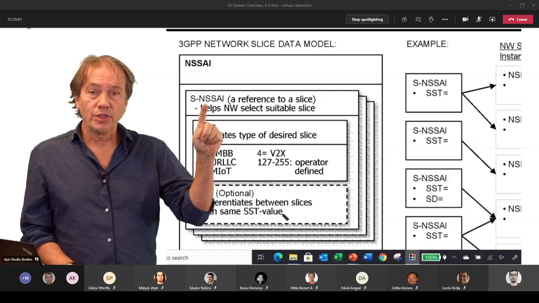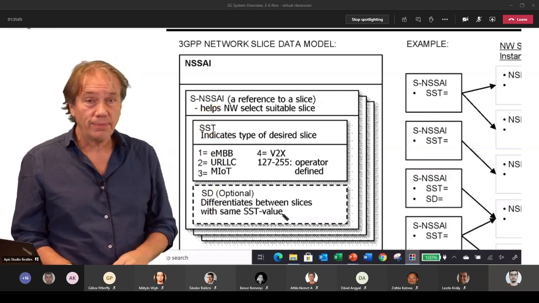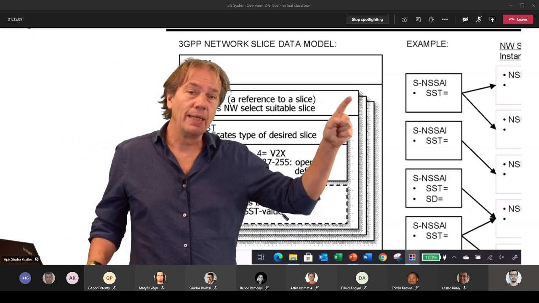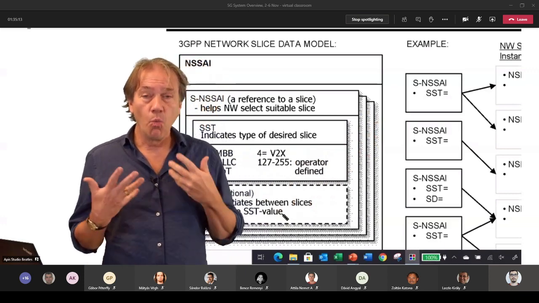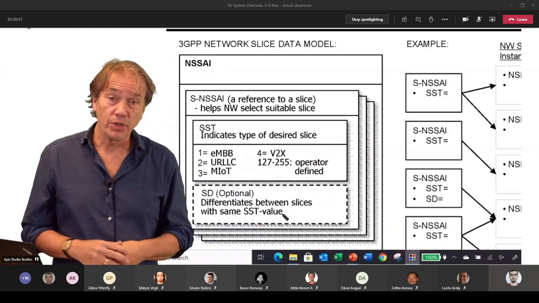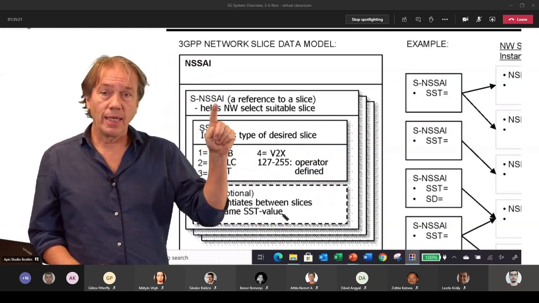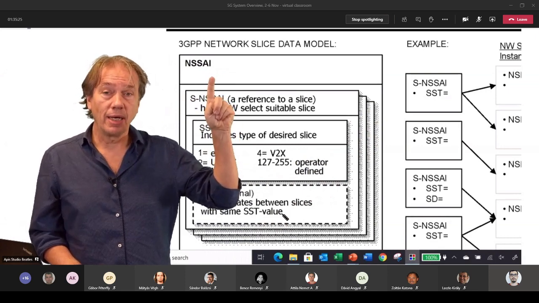That's single network slice selection assistance information, and I have tried to indicate different layers here. So each layer represents one single network slice selection assistance information. A group of up to 8 SNSSAIs makes up NSSAI.